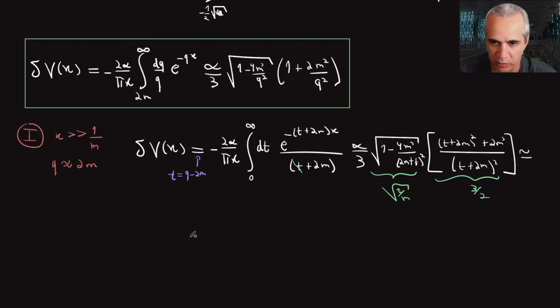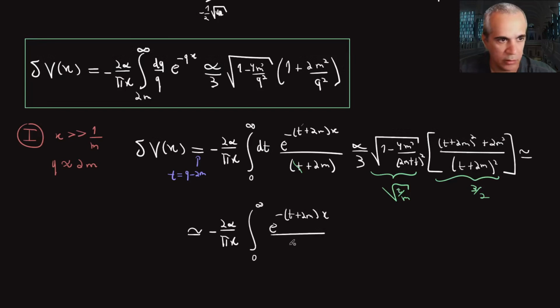Now this is approximate because, again, I'm saturating the integral by the lower limit here. So I just repeat. And now I have to do the integral from 0 to infinity of the exponential of minus (t plus 2m) x over 2m. Alpha over these 3 simplifies with that 3/2.